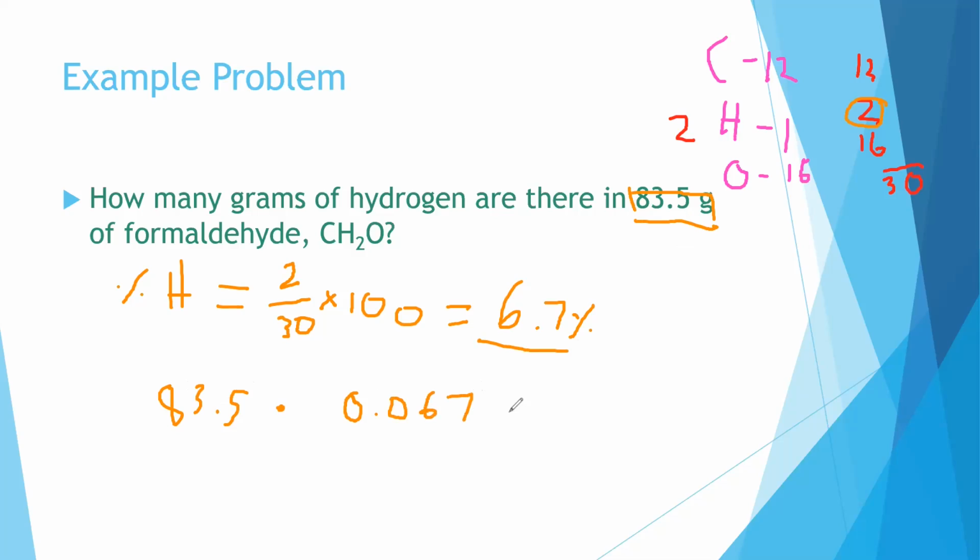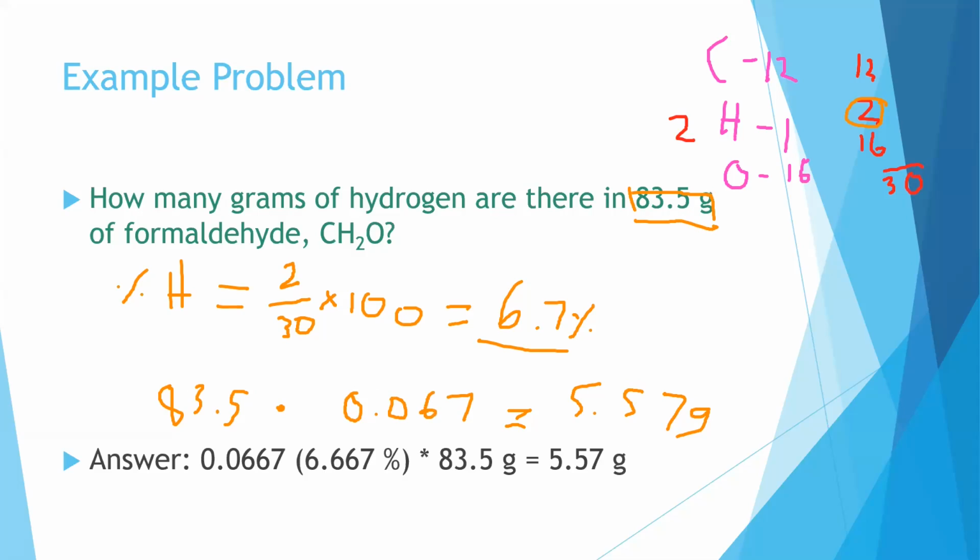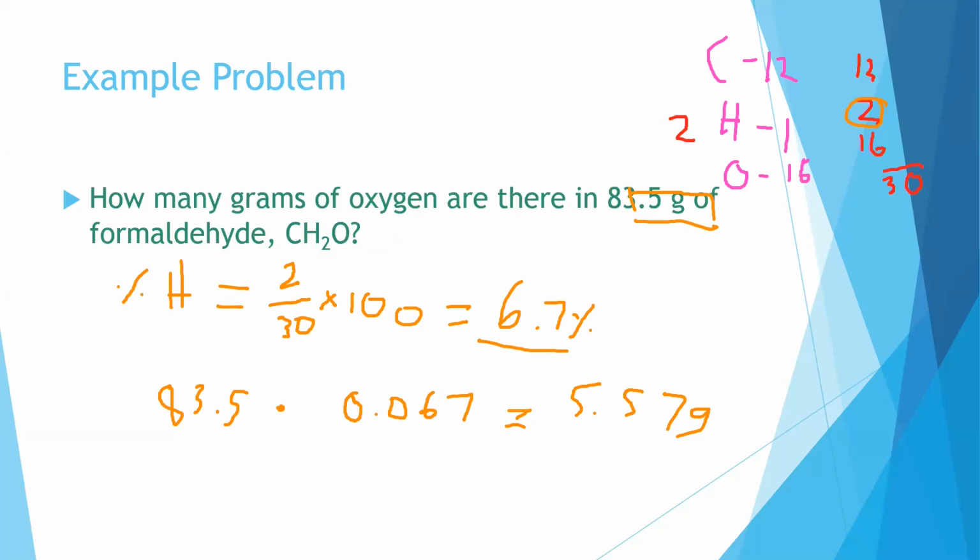So this is the decimal form, and you get 5.6 grams roughly, or 5.57 grams. Yep, and that is the correct answer. So I hope you guys are getting the hang of it, because you're gonna have a homework problem exactly like this one on the homework today.